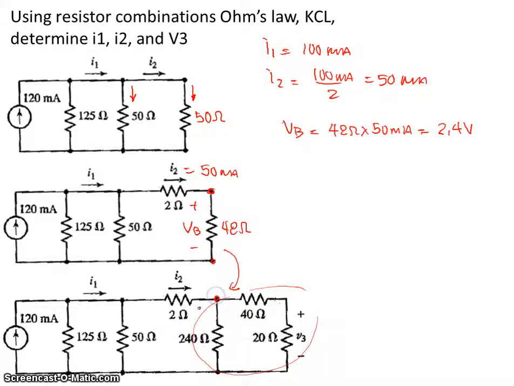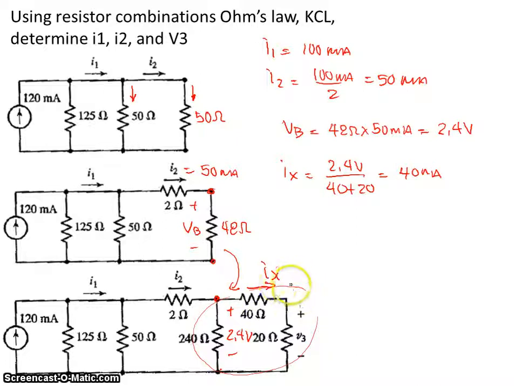We know now that I have 2.4 volts from this terminal to this terminal. That will help me find this current that I'm just going to call I sub x. So I sub x is going to be 2.4 volts divided by 40 plus 20 ohms, and this is going to give me a current that is equal to 40 milliamps.